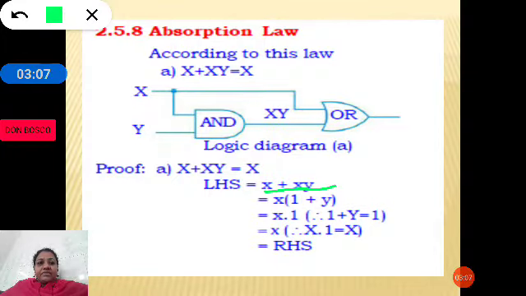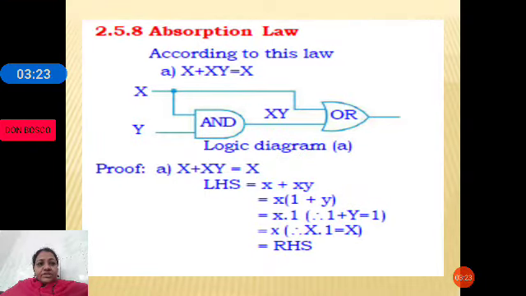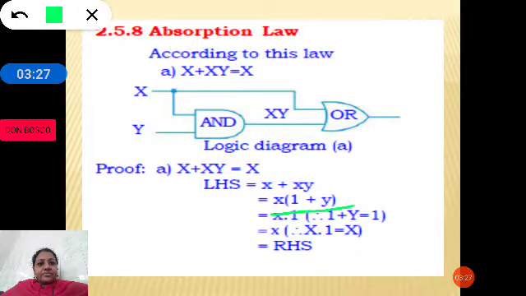By factoring we can remove x. If we remove x outside, in the first statement x remains, in the second statement x will go out, so y will remain. So by factoring, once we remove the common factor, that is x, we get 1 plus y.